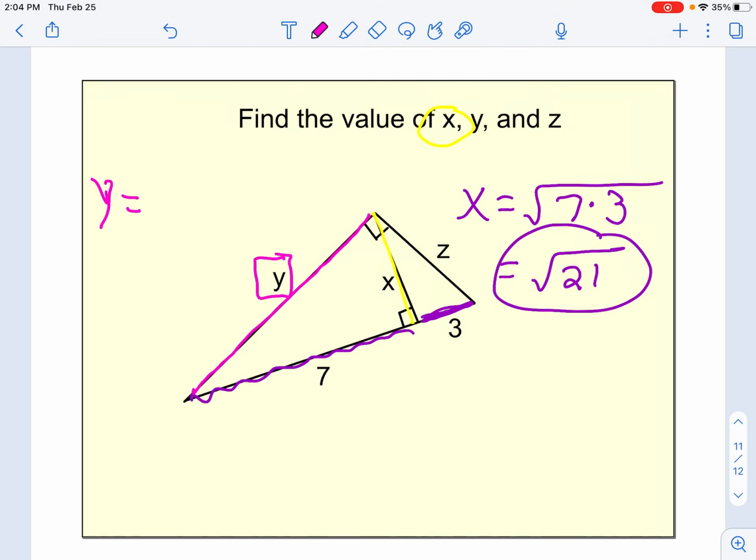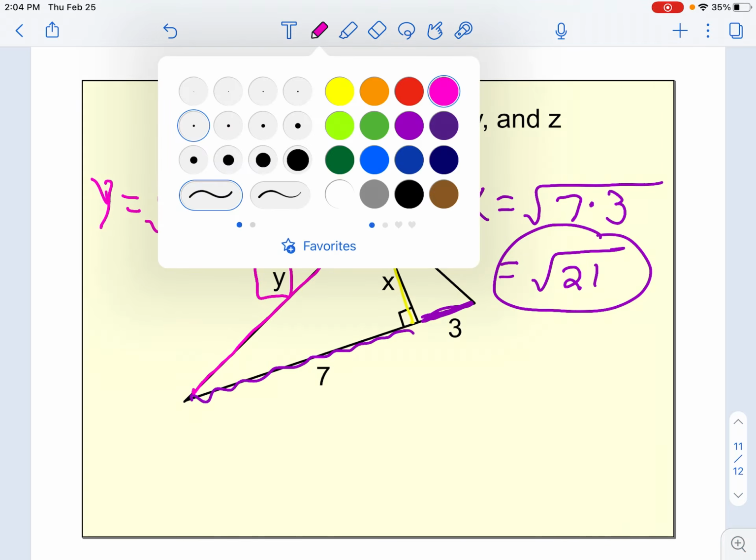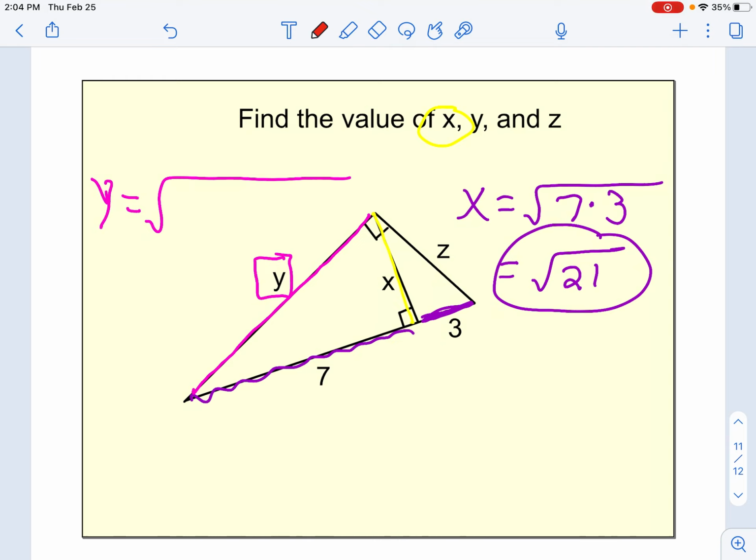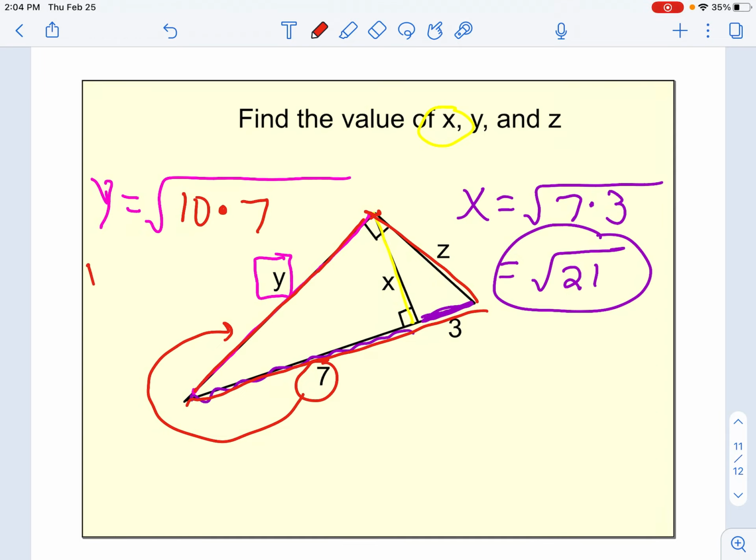So Y is the geometric mean of the hypotenuse of that large red triangle and the portion of the hypotenuse adjacent to the leg. So this would be 7. So Y is equal to the square root of 70.